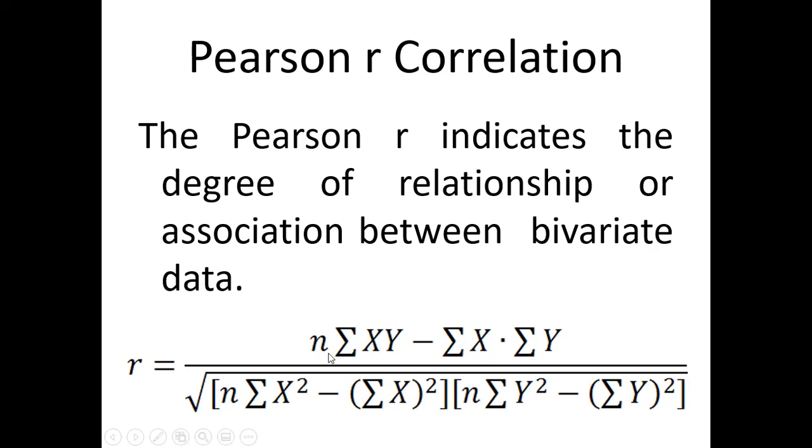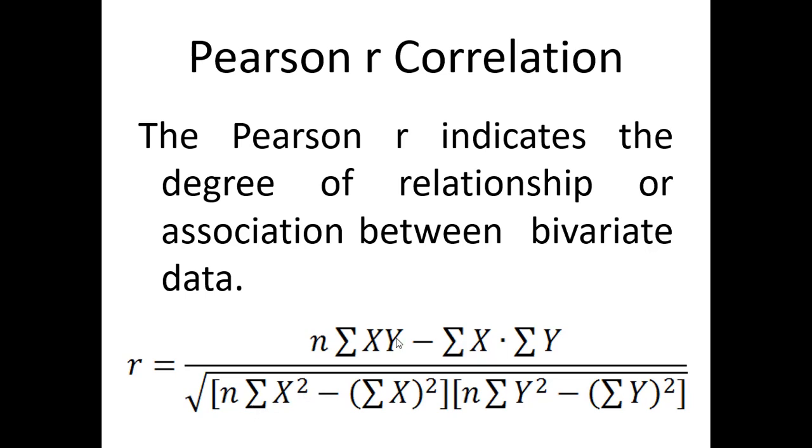So n, usually these are the symbols, minus the summation of x times the summation of y, all over the square root of, you can see the radical sign, open bracket, n times the summation of x squared minus the quantity summation of x raised to the second power.